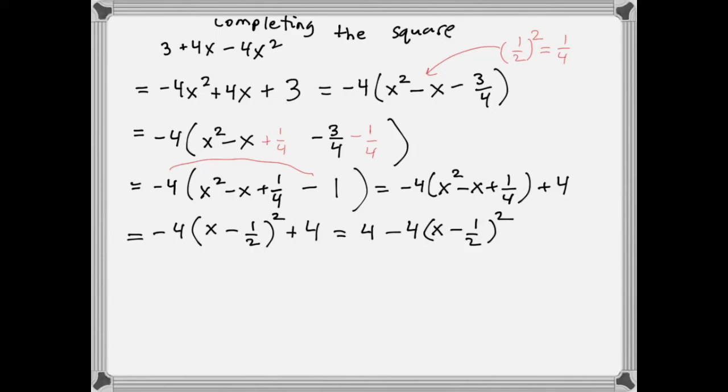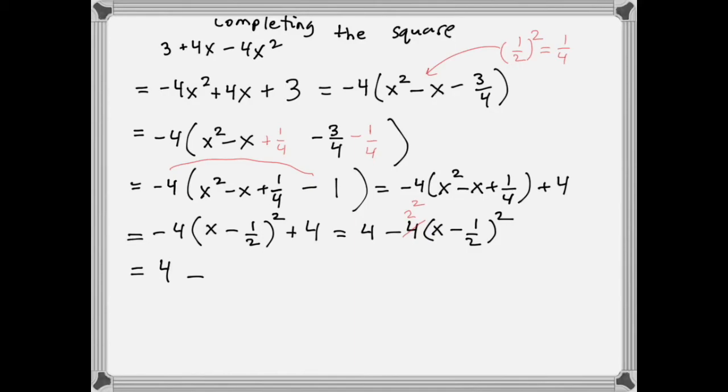So that was a lot of work, but we were able to write it as something minus something squared. And in fact, let me just go a little bit further, right? Can't I write it this way? I know that this 4 right here is the same as 2 squared, and then I can actually put the 2 in there. So here's why.